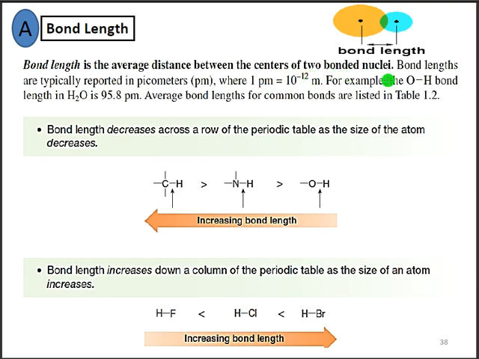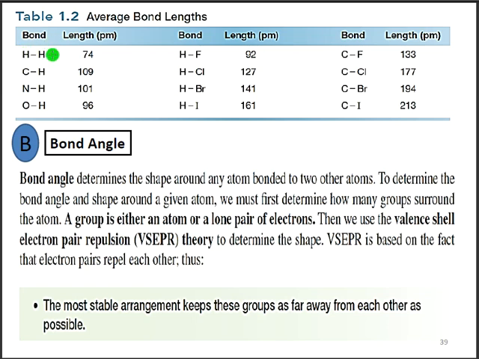For example, the oxygen-hydrogen bond length in H2O is 95.8 picometers. Average bond lengths for the common bonds are listed in the table. This is the table. Here, the hydrogen-hydrogen is 74, and the carbon-hydrogen is longer than the hydrogen-hydrogen. It depends on the size of the two bonded atoms. Look at the halogens here.